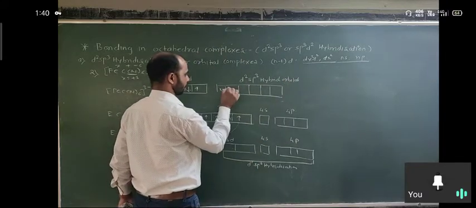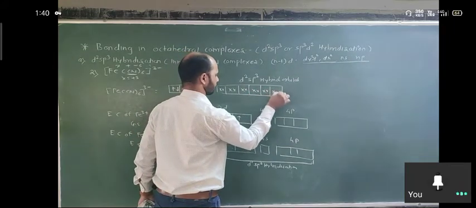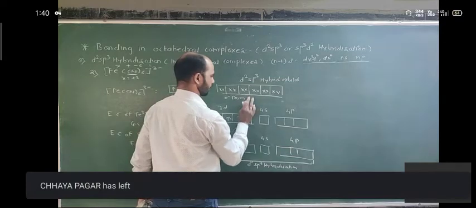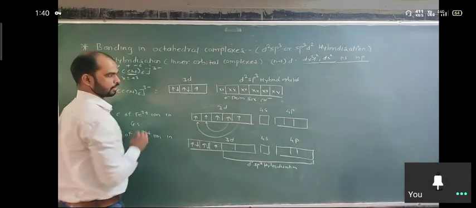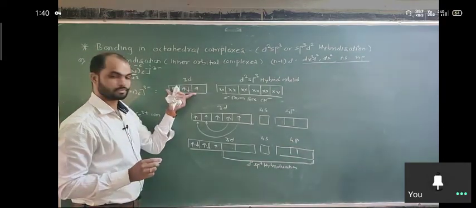We can show the electrons in the form of crosses, so here electrons from 6 CN-, and 3d containing 5 electrons.